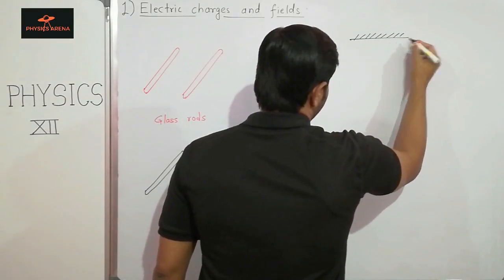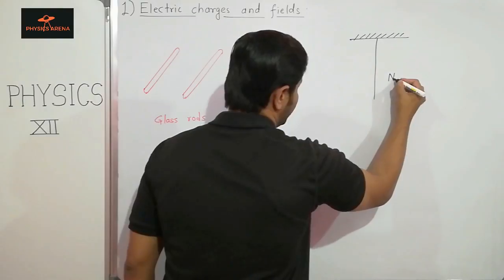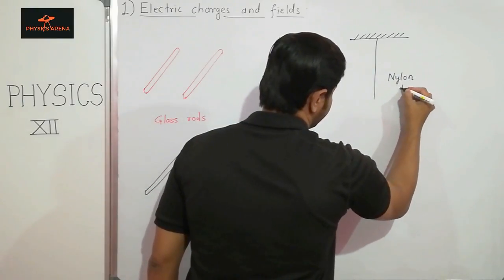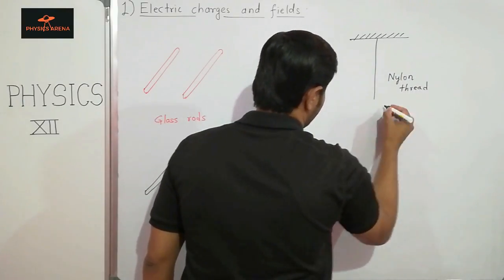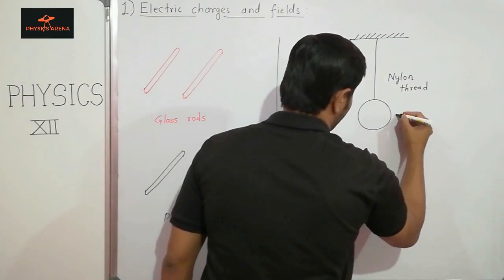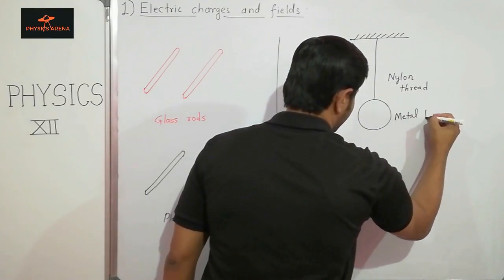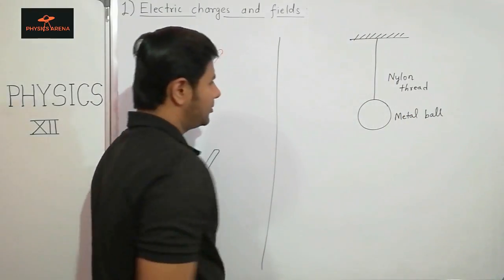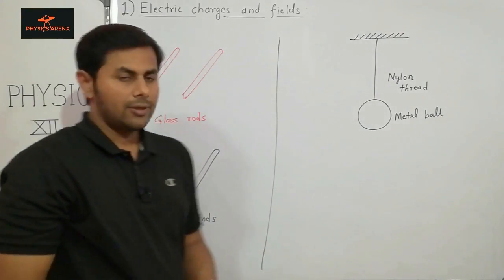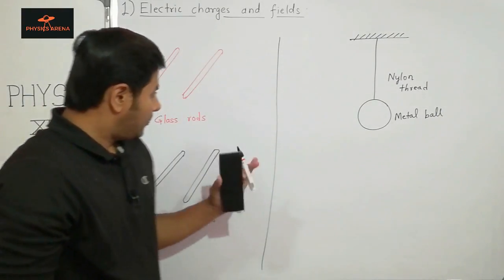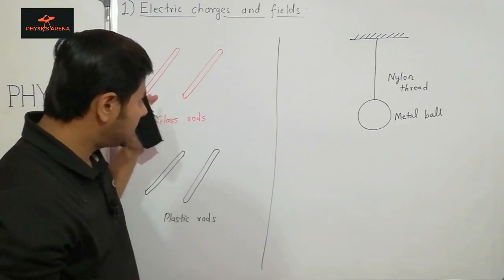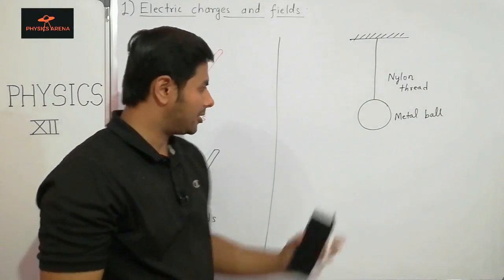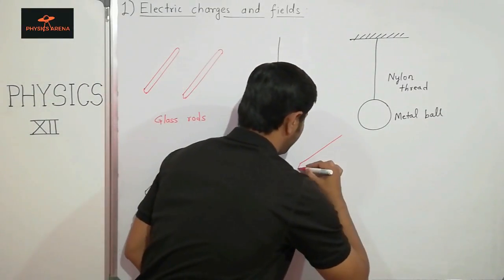So this is a rigid support, this is nylon thread, and a metal ball is hung to this rigid support. Now suppose we bring this glass rod close to the metal ball.